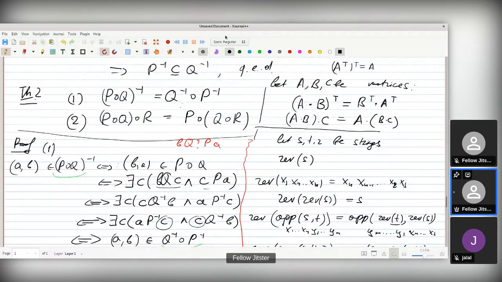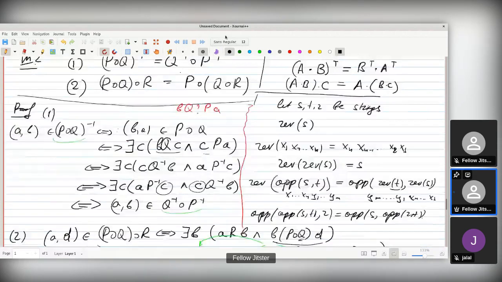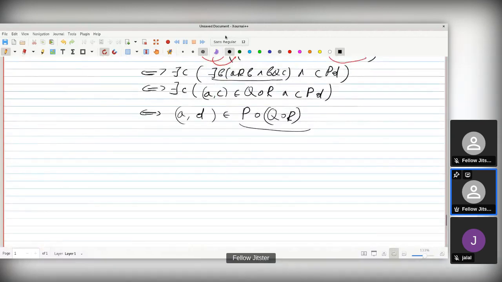So we have proved this theorem, and now let us finalize our today class with an example. It is a little bit informal. Okay, let A be a set of males.